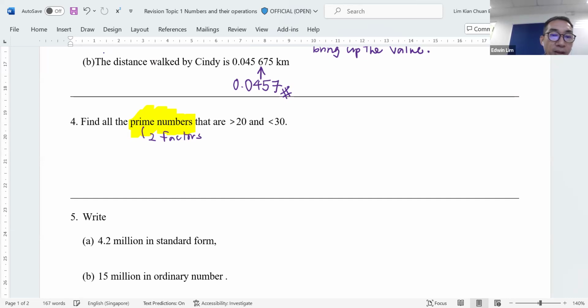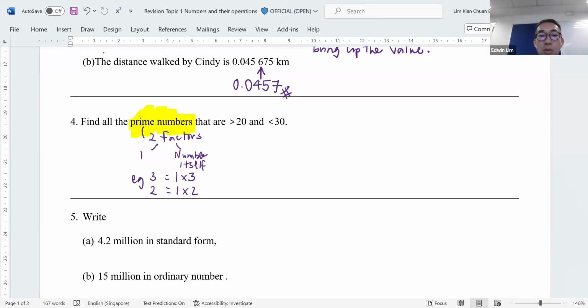Right? One of the factors is 1. The other number is the number itself. Example, 3 goes to 1 times 3. All right, 2 goes to 1 times 2.